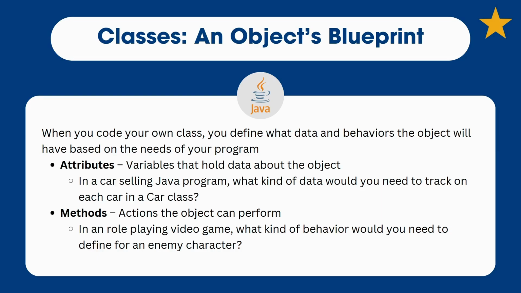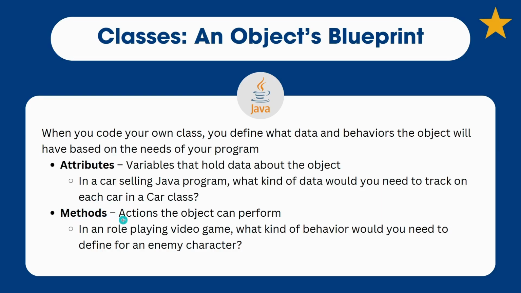They live on their own. But when you define those as attributes of a class, those are special variables, then those variables are basically grouped together. They belong to the object. So in a car selling Java program, what kind of data would you need to track on each car in a car class? So just a little question to think about. We'll answer that on the next slide.